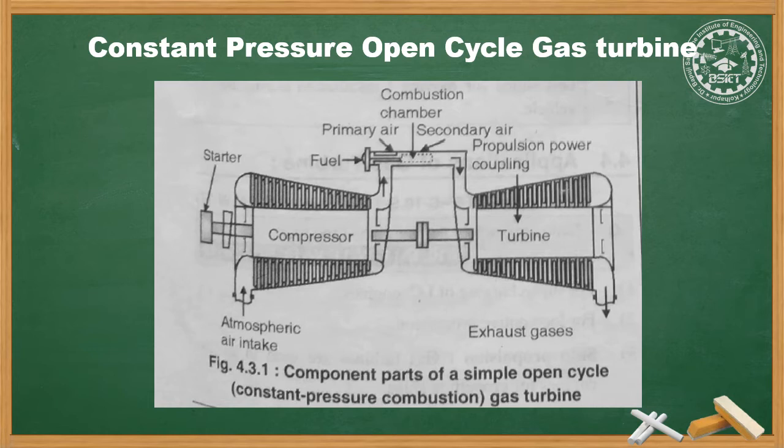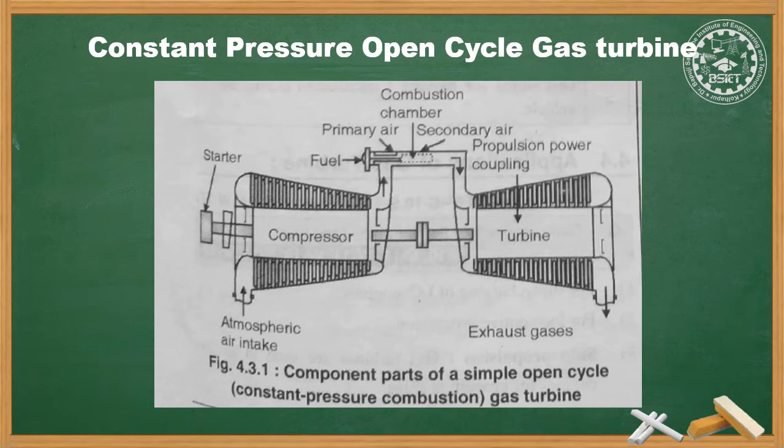The products of combustion from the combustion chamber are passed through the turbine, where they expand with the help of a nozzle, and pressure falls to atmospheric pressure and it develops the mechanical energy.